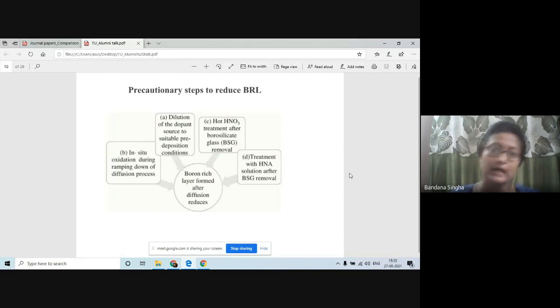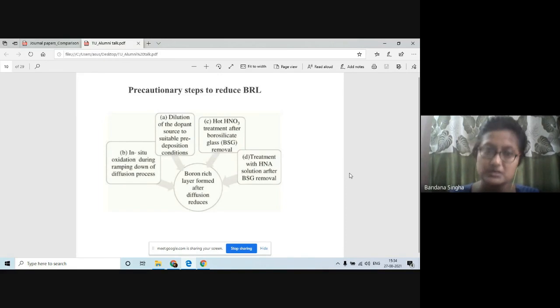And suppose the thickness of the boron rich layer is very thick, when I say very thick, it's generally more than 20 nanometer. That is sufficient to lower the device performance. When the thickness of the boron rich layer is higher than 20 nanometer, then it's essential to take some oxidation steps apart from in situ oxidation.